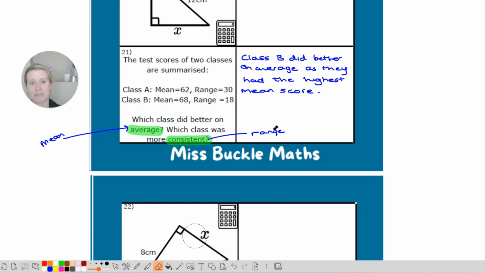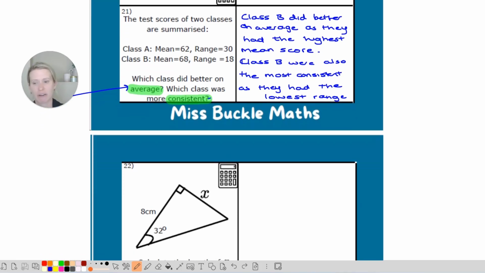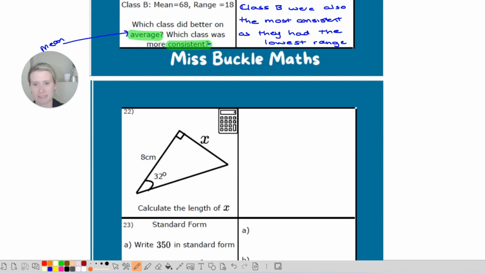Class B was also more consistent because they had the lowest range. So when you're comparing data, you must mention an average, the mean, median or mode, and the range for the measure of consistency. Biggest error there is students thinking that the range is an average, which it isn't.